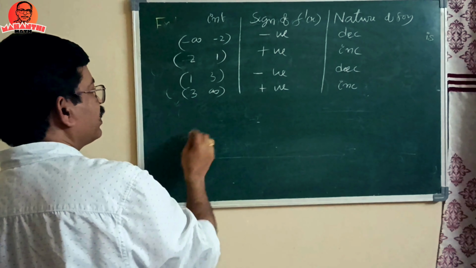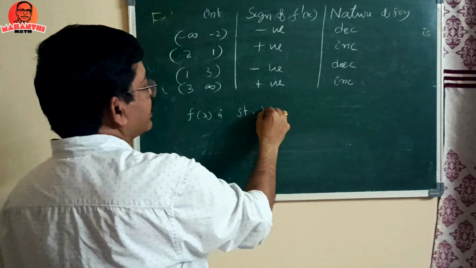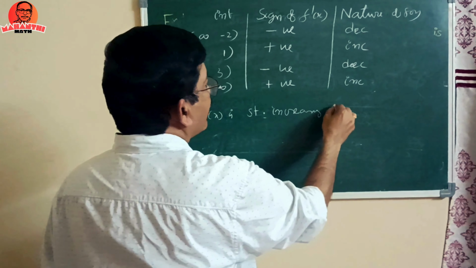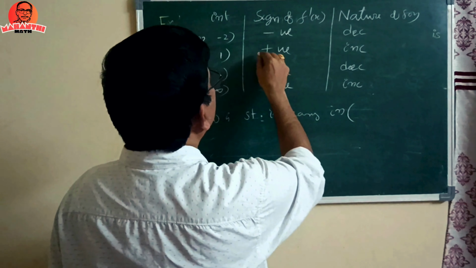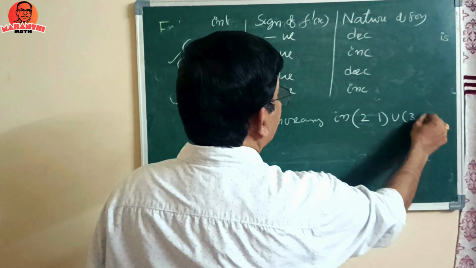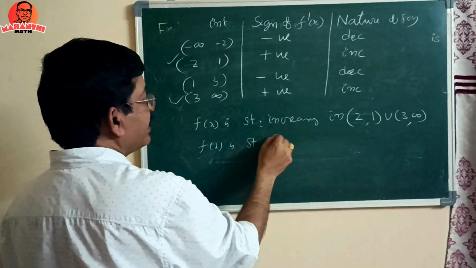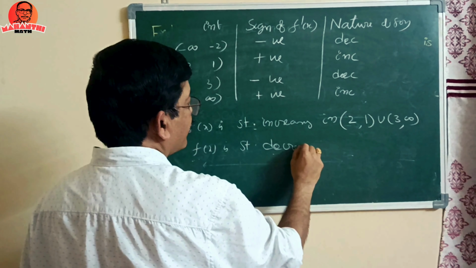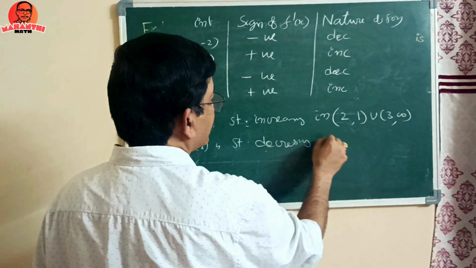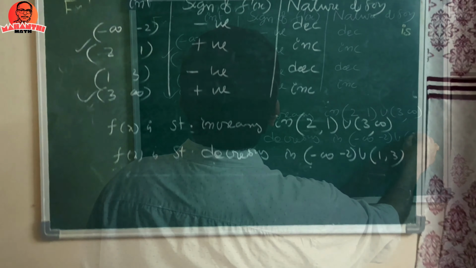The last step is giving the conclusion. f of x is strictly increasing in the intervals, increasing here and here: minus 2 to 1, union 3 to infinity. f of x is strictly decreasing in the interval minus infinity to minus 2, union 1 to 3.